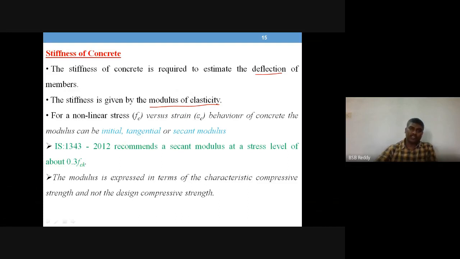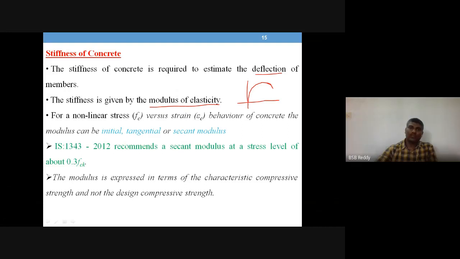You can easily estimate it. Whereas for concrete, the stress strain diagram is not going to give you directly the estimate of modulus of elasticity.